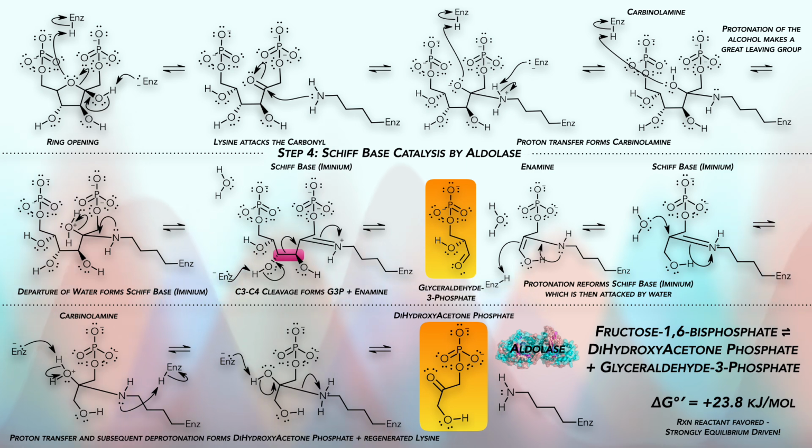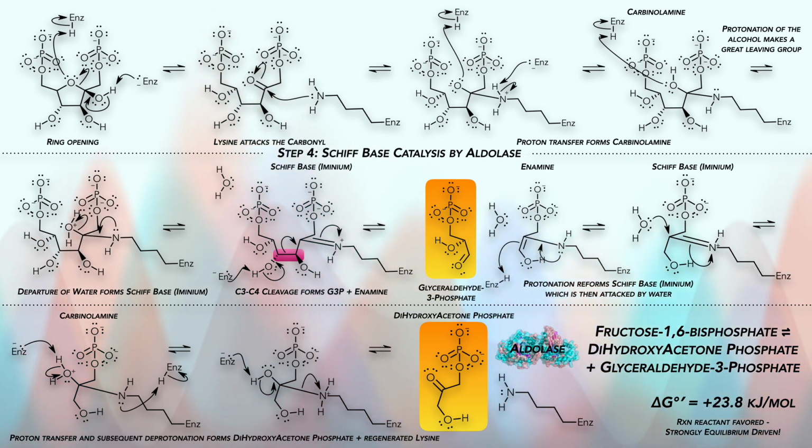And now the 6-carbon sugar is divided into two 3-carbon sugars using aldolase. We encountered this exact mechanism during the rearrangement section of the pentose phosphate pathway. A lysine residue forms a Schiff base with fructose 1,6-bisphosphate.